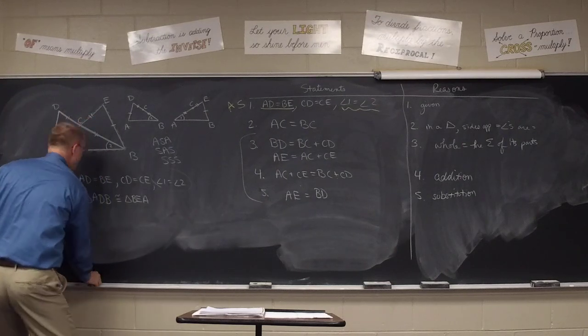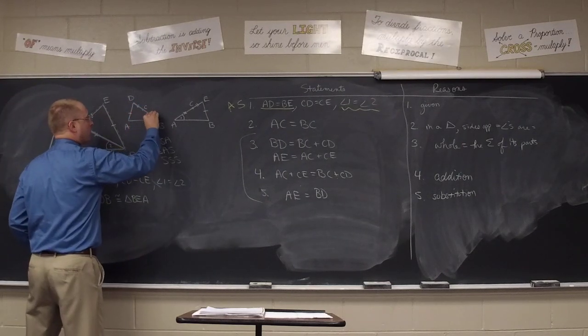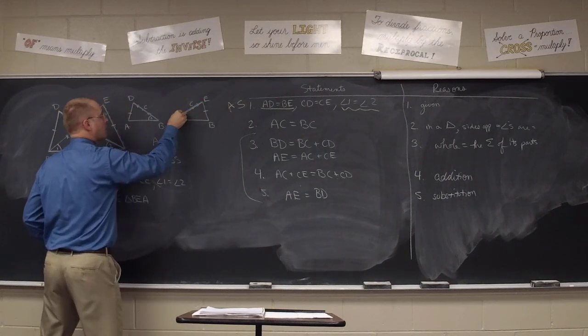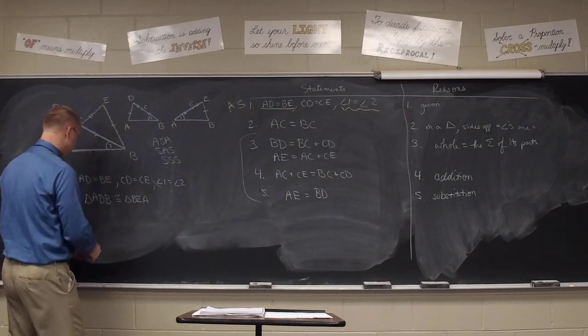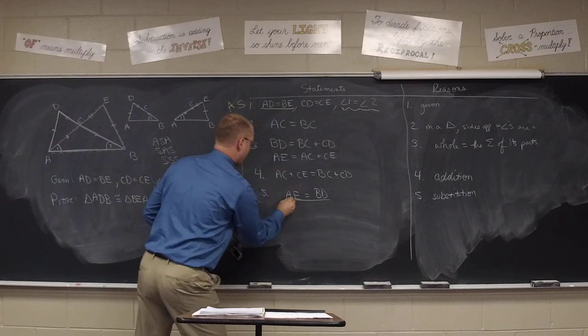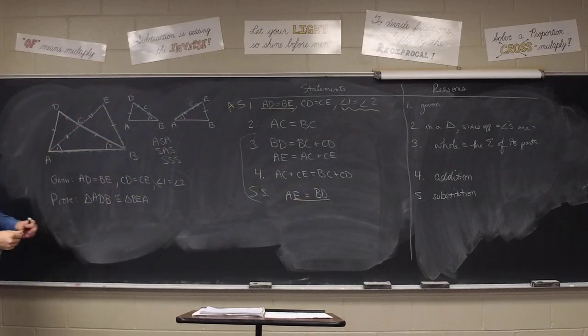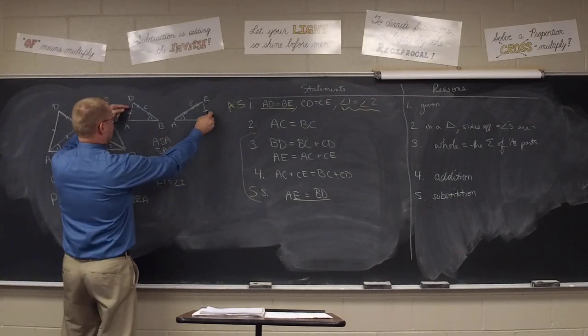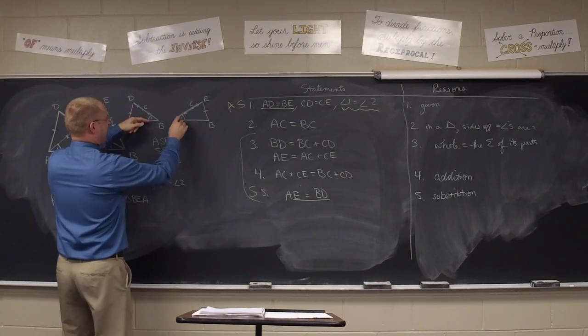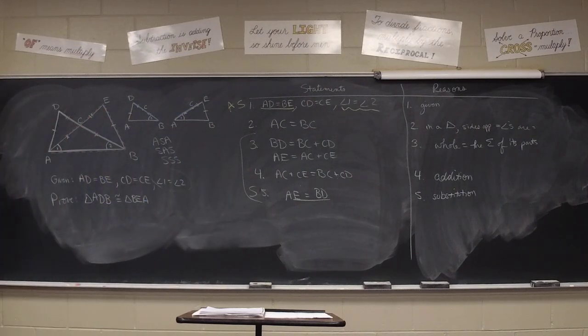So now I do know that this whole line equals this whole line. So there's some more sides. So thoughts, class? Side, angle, side, right? I've got sides and angles. Do you see that I do have 2 sides and I have angles, but it's not side, angle, side, class?